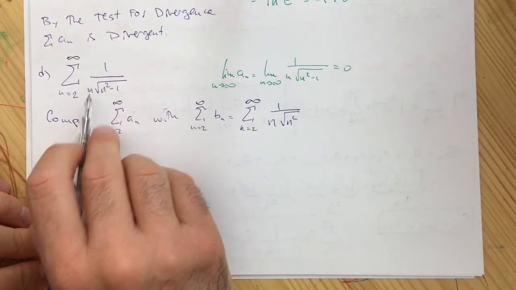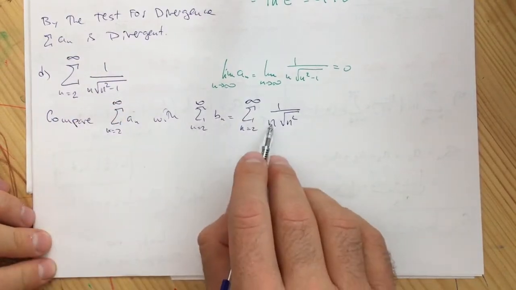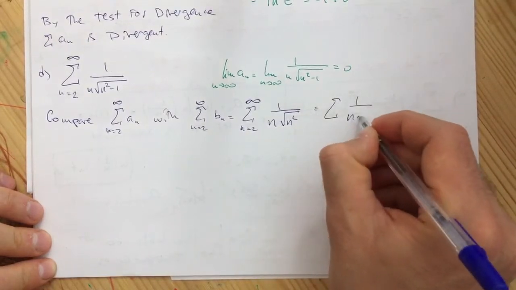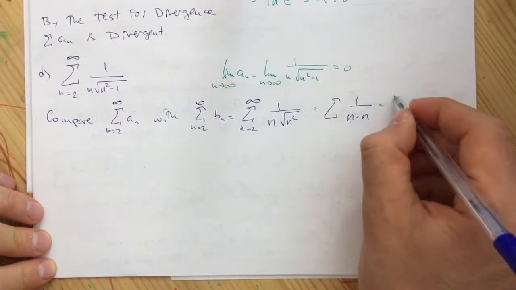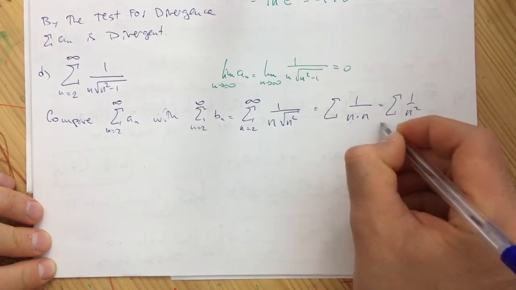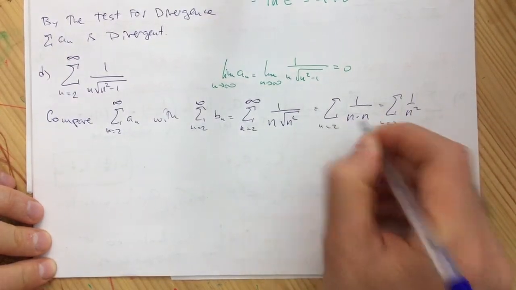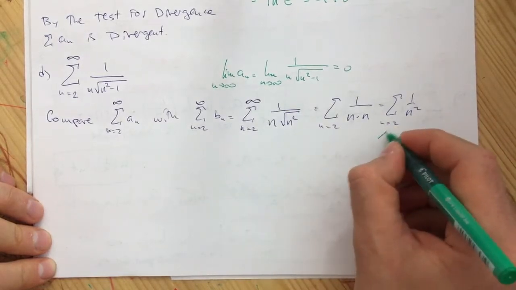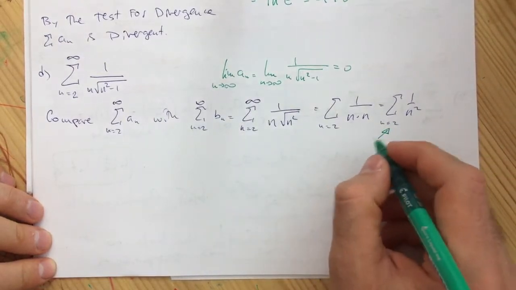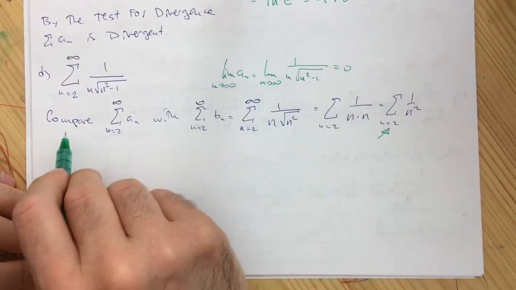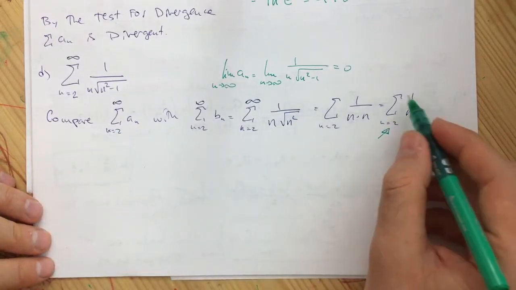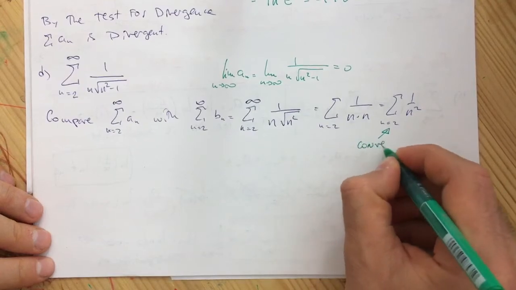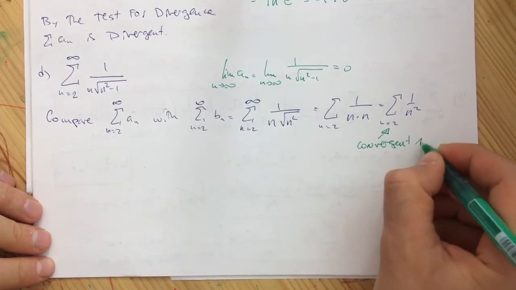In the numerator is just a constant, and in the denominator is this. If you simplify this, you get 1 over n times n, which is 1 over n squared. And here you should know that 1 over n squared is, because I'm using one of the comparison tests, a convergent p-series.